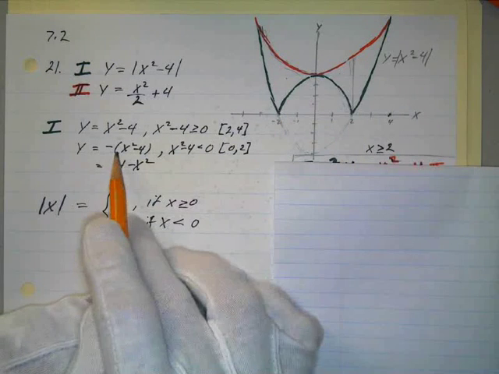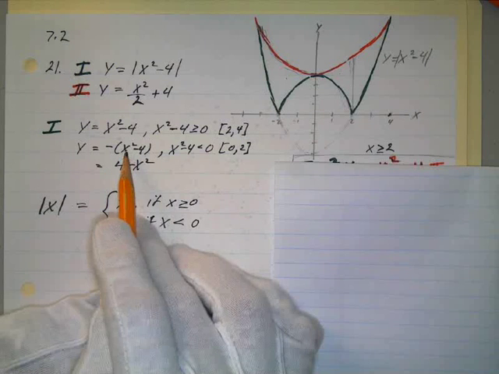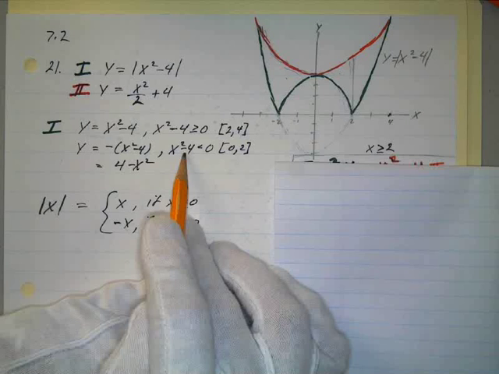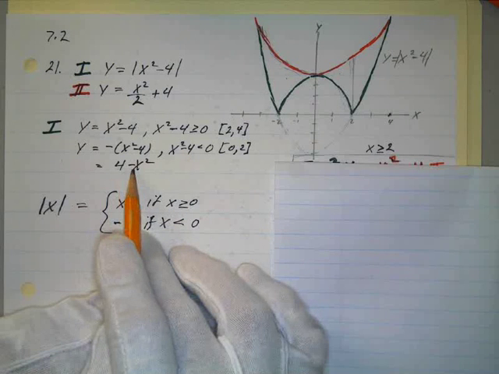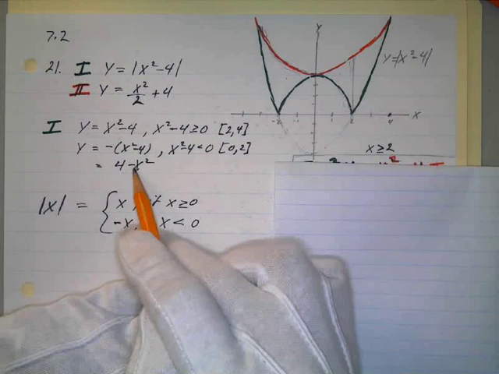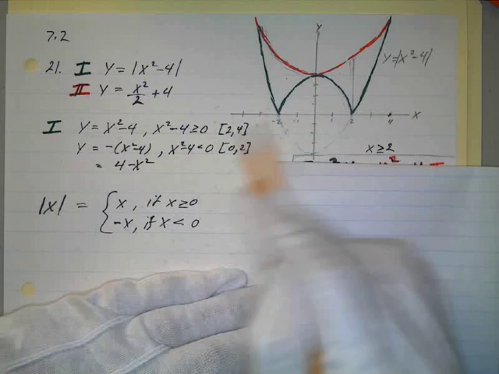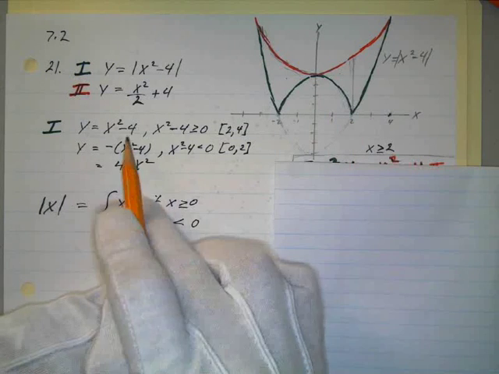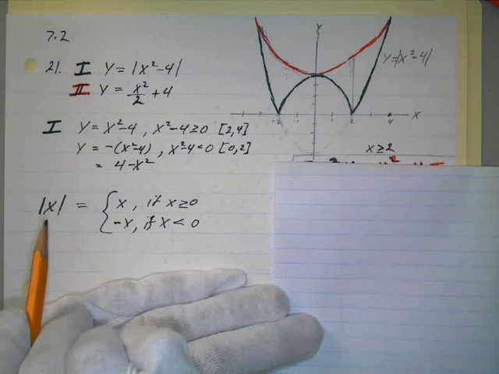That's negative x squared minus 4, when x squared minus 4 is less than 0. So that ends up just being 4 minus x squared. So it does look like a parabola that's shifted 4 up, and it's the negative x squared parabola. So that makes sense. Okay, so this is how we could graph that absolute value.